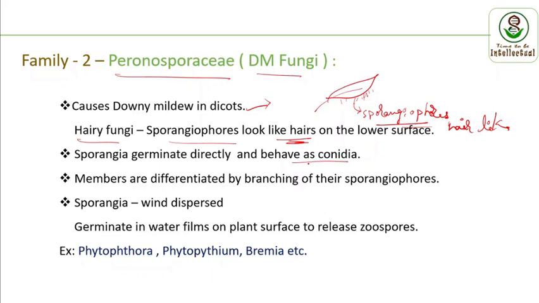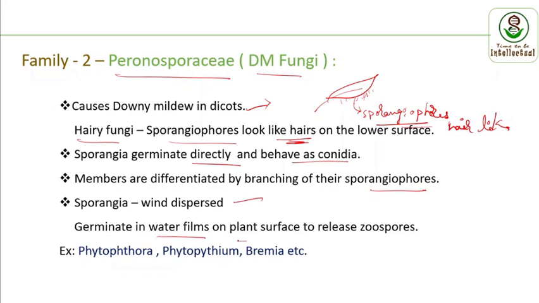In the Peronosporomycetes, as I mentioned while explaining the characters, the sporangia germinate directly and behave as conidia, but they are actually not conidia. The members are differentiated by branching of their sporangiophores, as explained. Albuginaceae is unbranched, this is branched, and the sporangia are usually wind dispersed here.